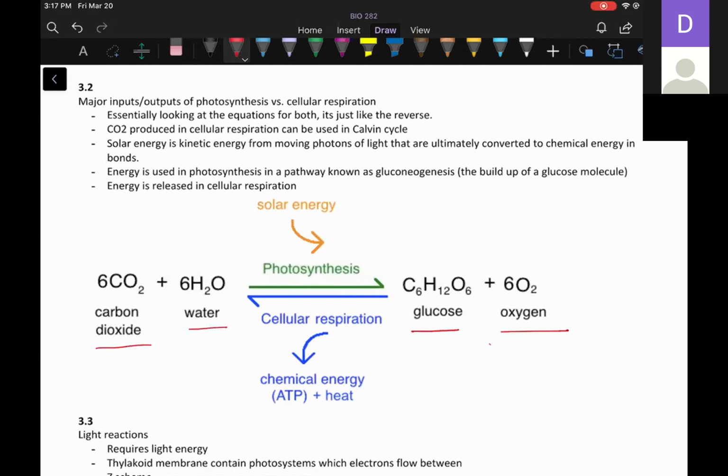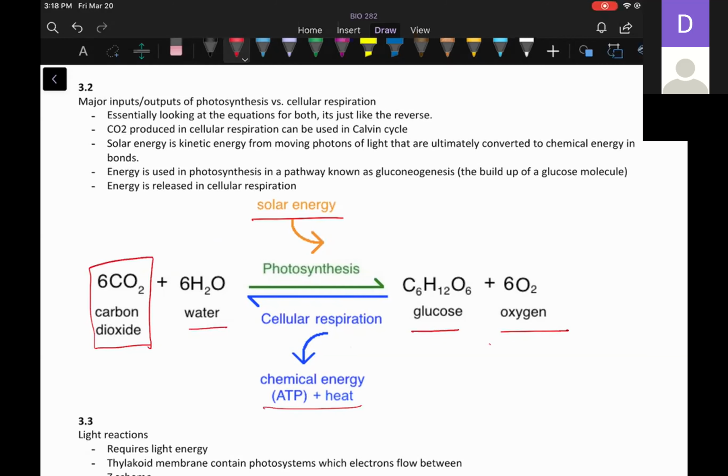For photosynthesis, we're going to need light energy to start. And one thing to note is plants will be able to do both photosynthesis and cellular respiration. So the carbon dioxide from cellular respiration in plants can be used again in photosynthesis, and other carbon dioxide can come from the atmosphere as well.